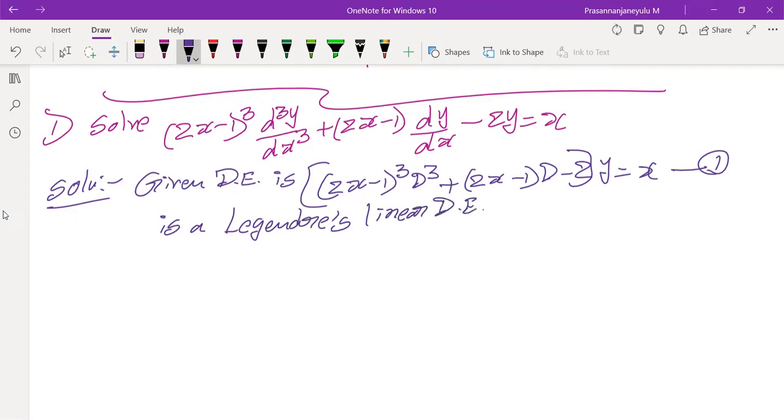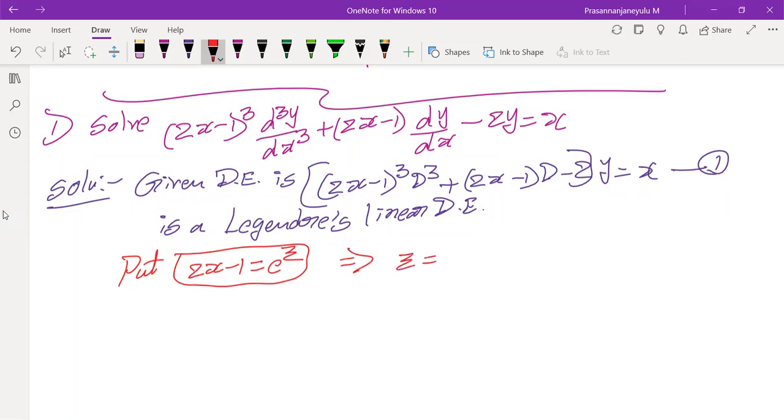If it is a Legendre's linear DE, according to the procedure we have to substitute something. So what do we substitute? Put ax plus b equals e power z. What is ax plus b here? 2x minus 1 equals e power z. That implies z equals log of (2x minus 1).